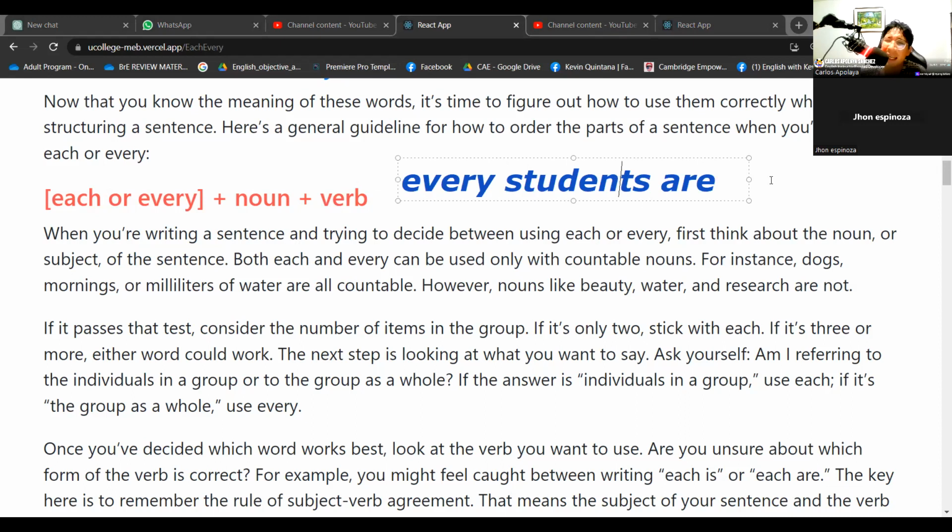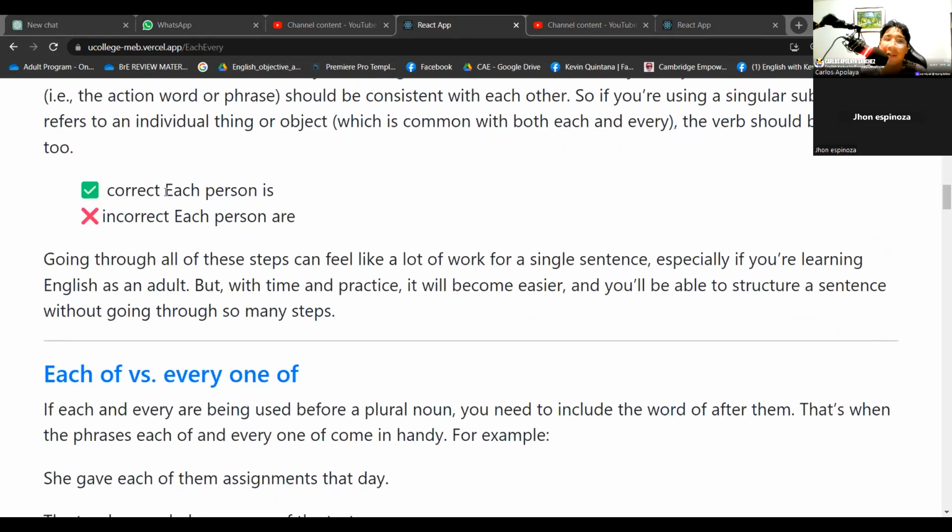No, you never say every students. You say every student is. Or you say each student is. Look at this example. Each person is, but you never say each person are, because we don't use a plural.